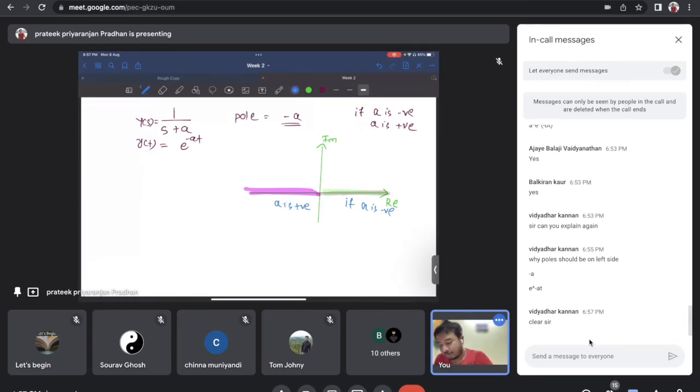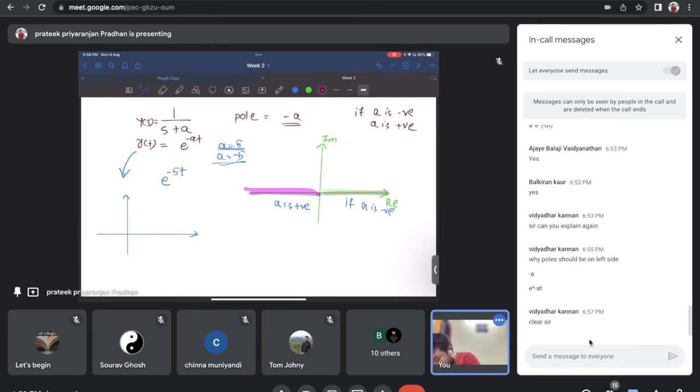Okay, so let's try to plot this y(t). If a is positive, let's take some example: a is equal to 5 and a is equal to minus 5. When a is positive, my plot will be e to the power minus 5t.